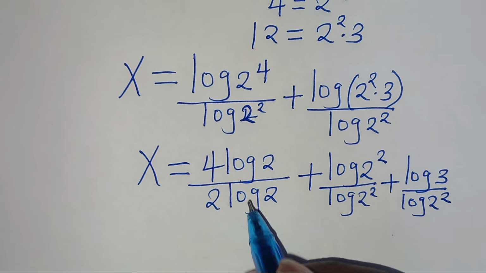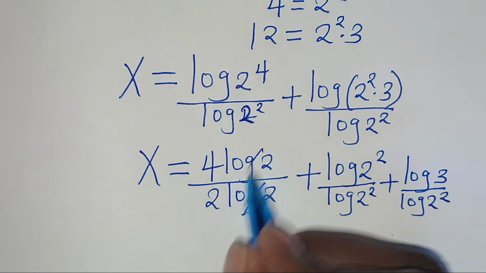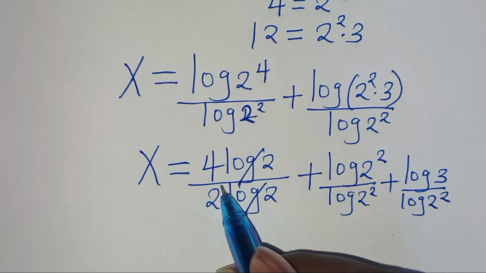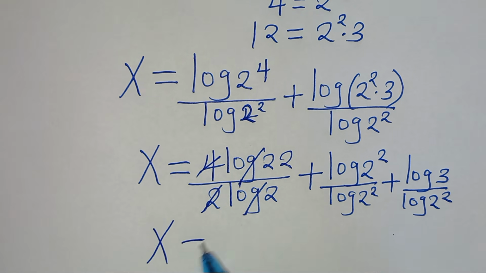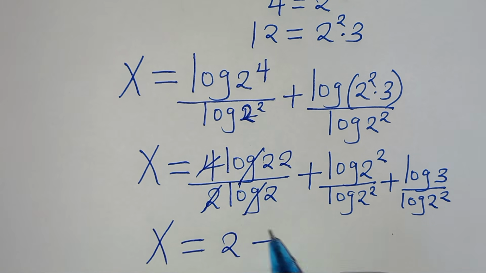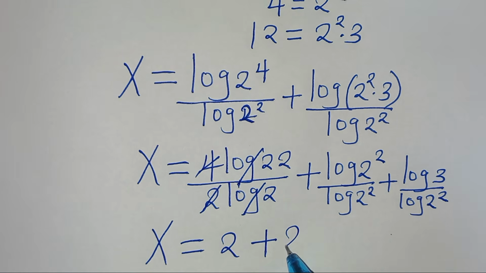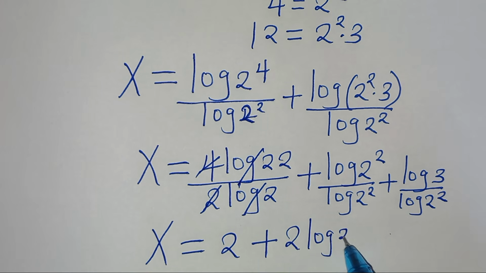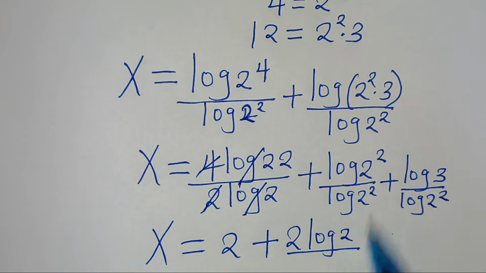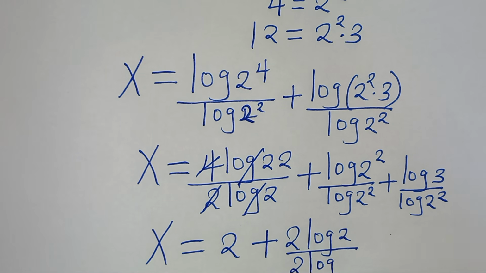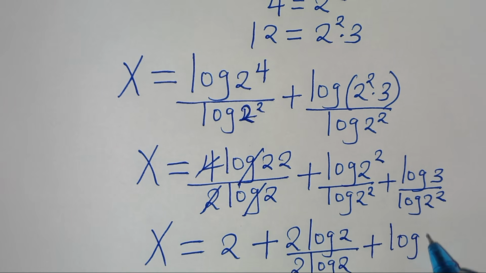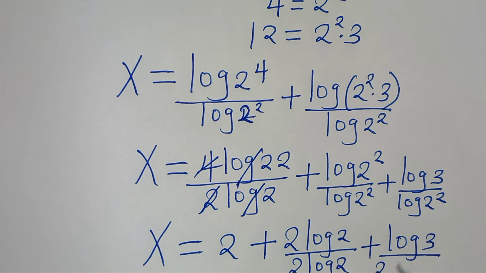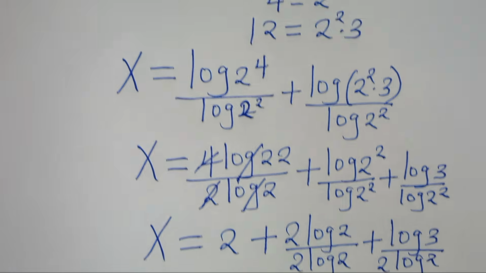Okay, so let's simplify here. Log 2 and log 2 simplifies. 4 divided by 2 is equal to 2. So x here is equal to 2 plus 2 log 2 divided by 2 log 2, then plus log 3 divided by 2 log 2.